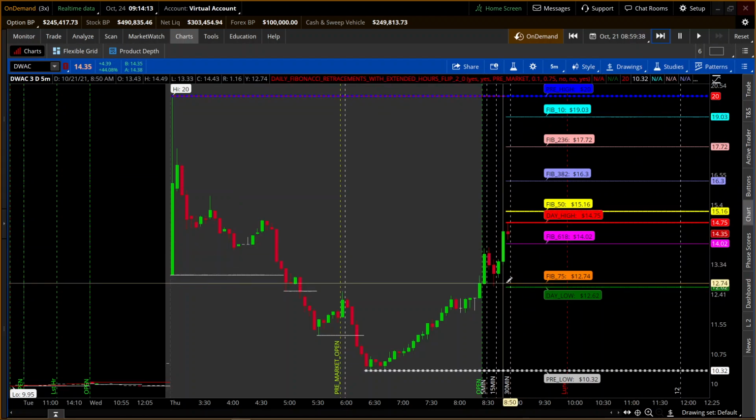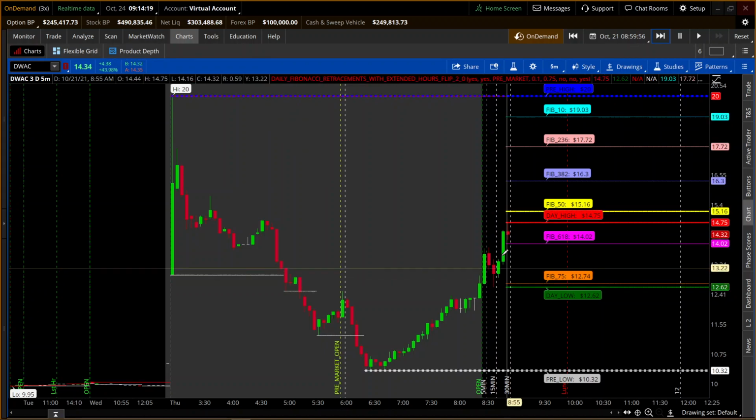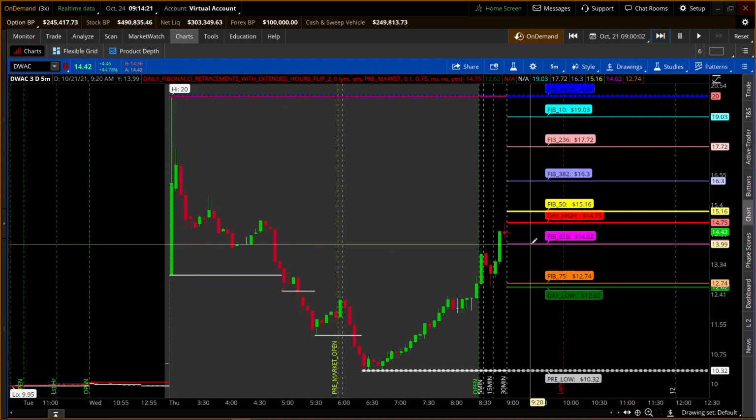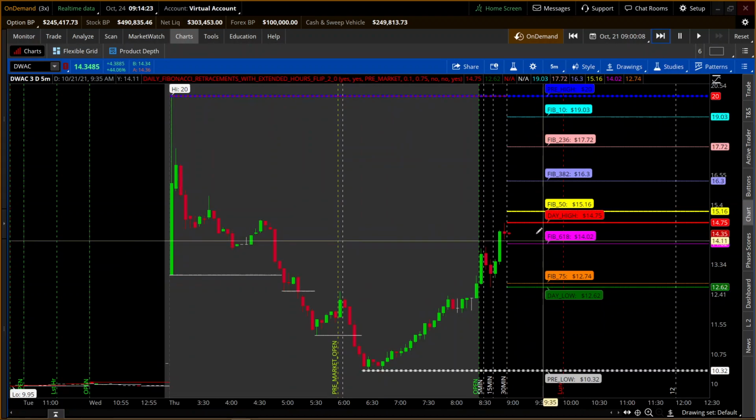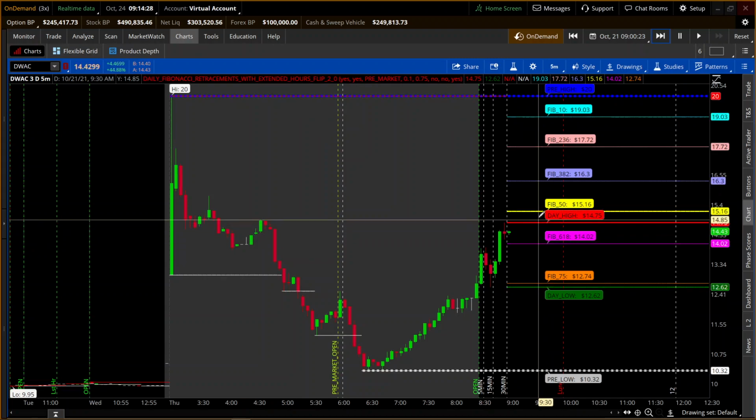And as you can see, it bounced right back to that 75 fib. And now you have your 61.8 fib as your risk level, and you're expecting or hoping that it'll go up to 15, 16 as your next price target.